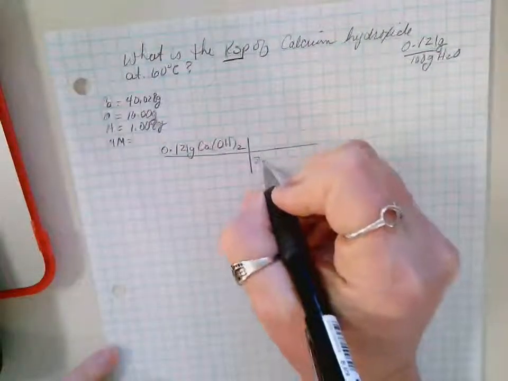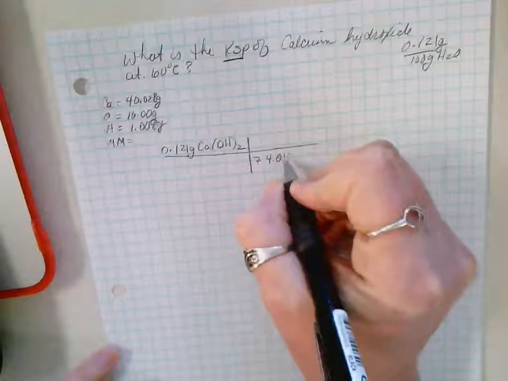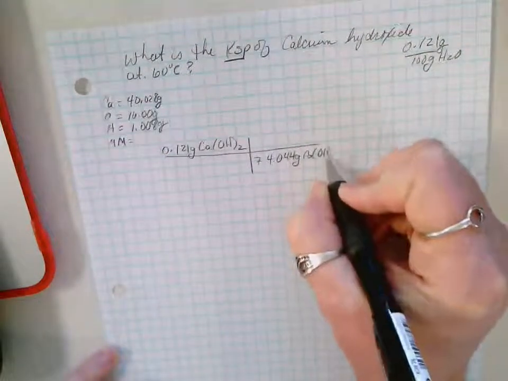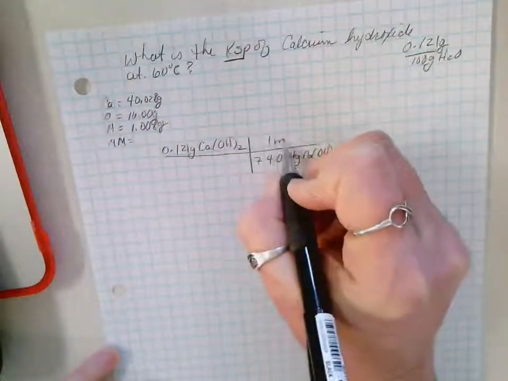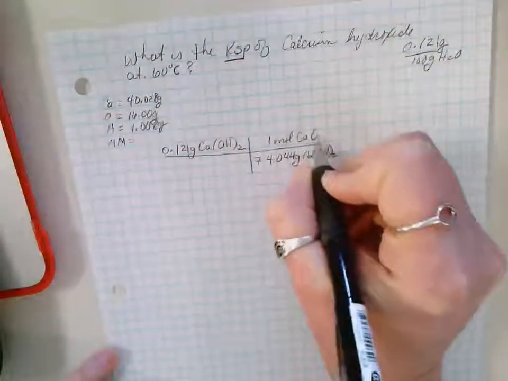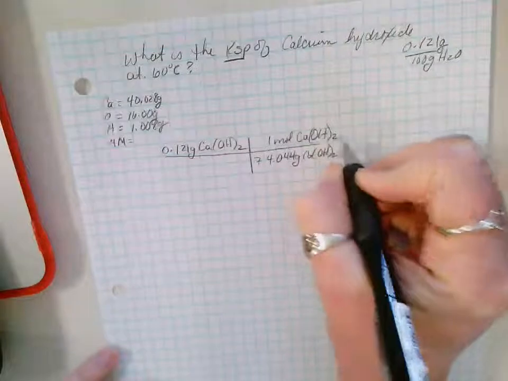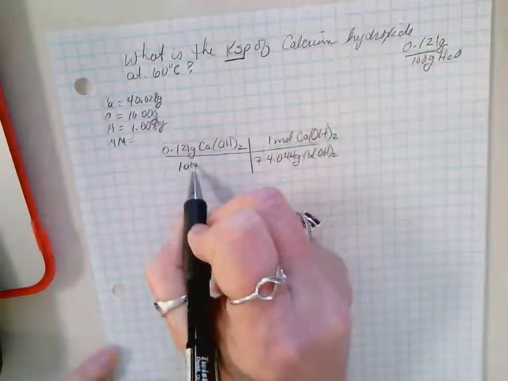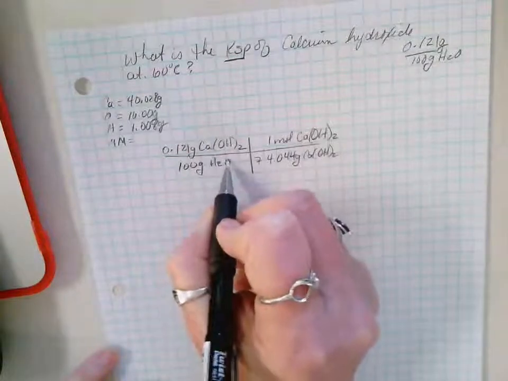So 74.044 grams of calcium hydroxide for 1 mole of calcium hydroxide. And this many grams dissolve in 100 grams of H2O.